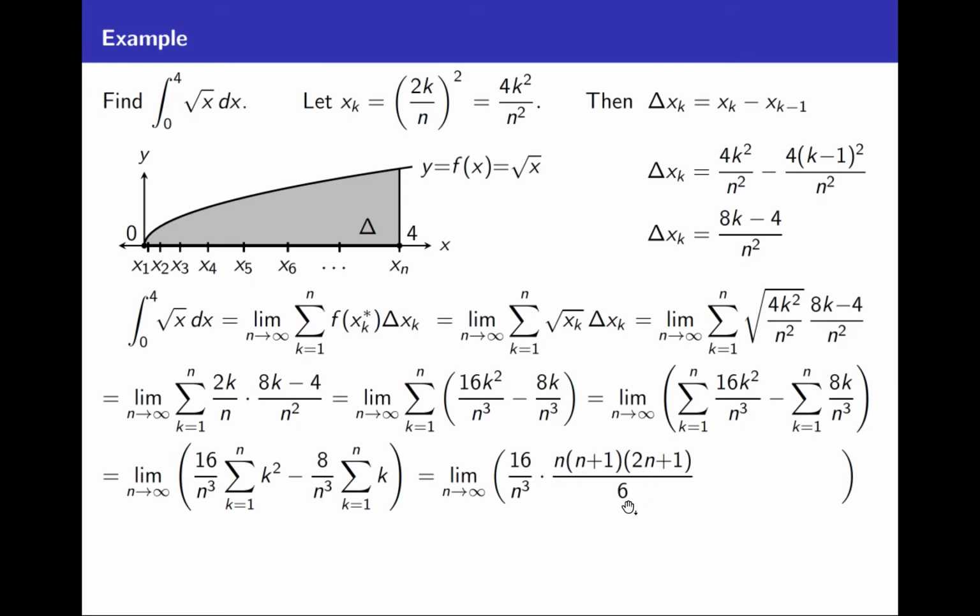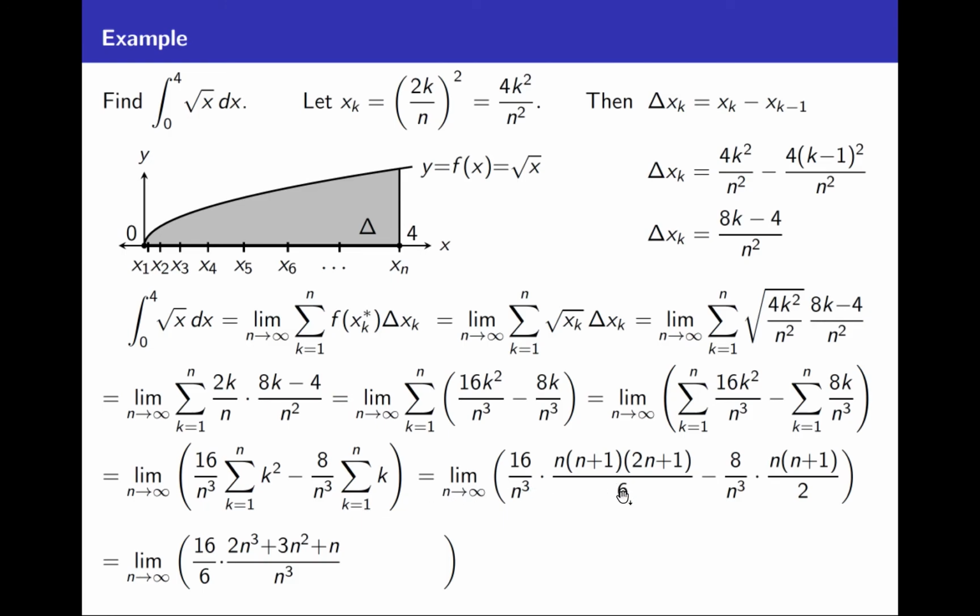And again, that's something we talked about back in lecture 40. Likewise, the sum from k equals 1 to n of k is n times n plus 1 over 2. And that's getting multiplied by the 8 over n cubed. So look at this limit. We're getting rid of the sigmas here, and it's working out to be something that maybe we can actually evaluate.